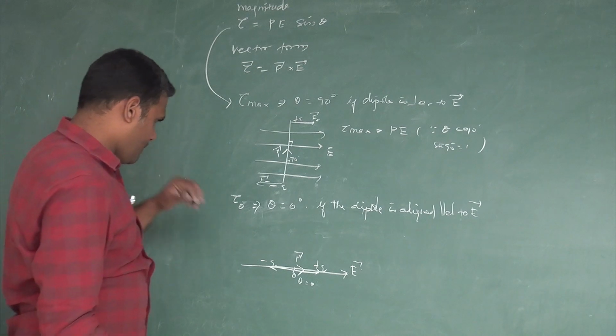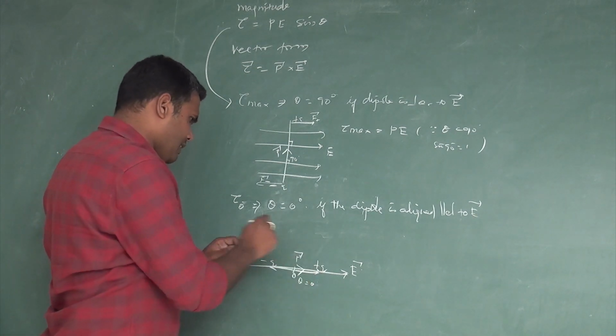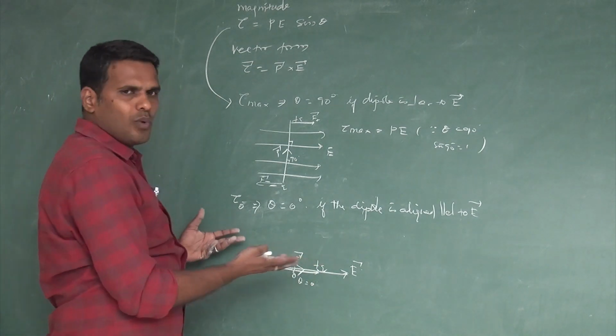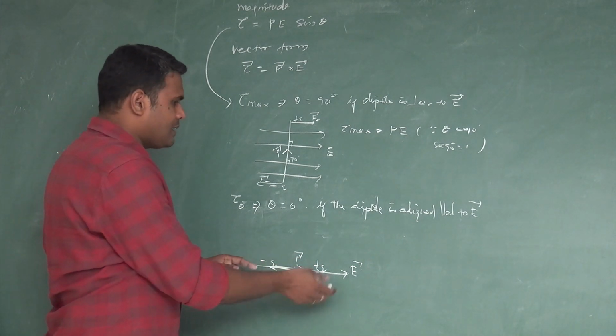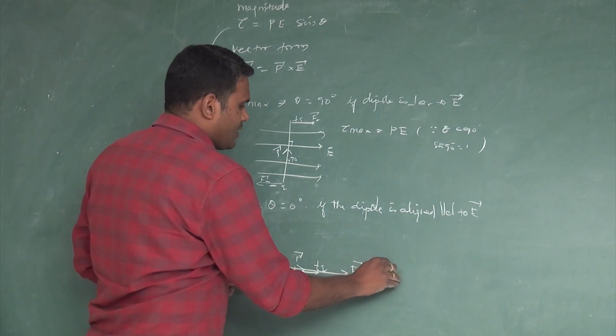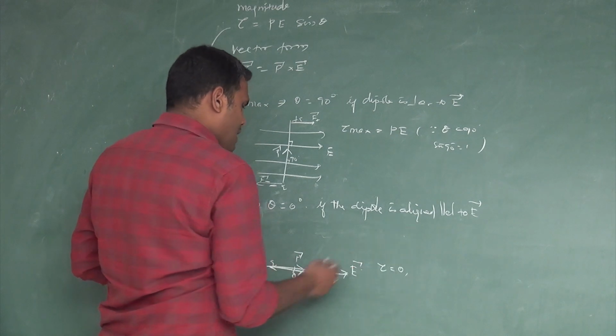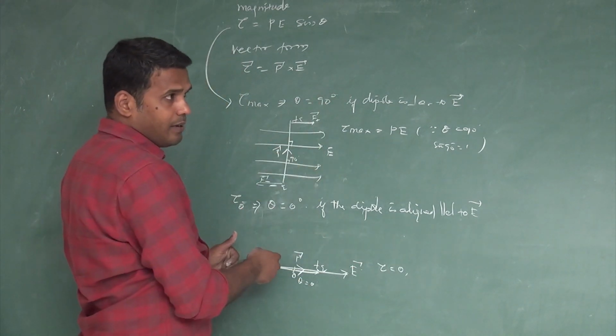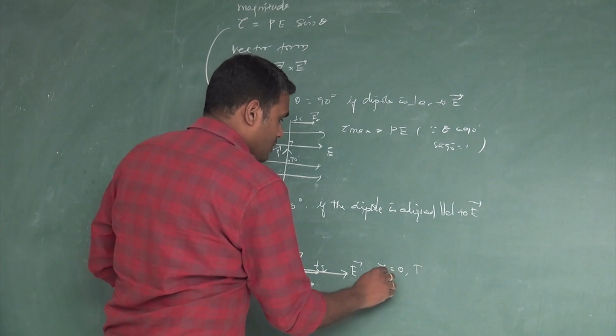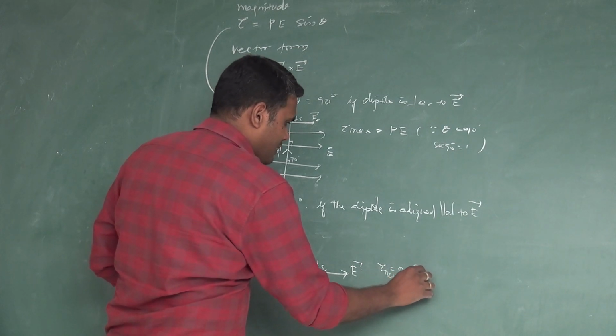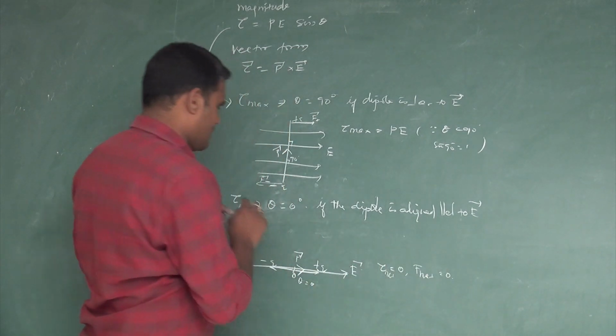So we can say here, if the dipole is aligned parallel to the electric field, no more torque will act on the dipole. So in this particular case, I can say the torque acting on the dipole is 0. Already we saw the net force acting on the dipole is also 0. So tau net as well as F net both are 0 in this particular case.